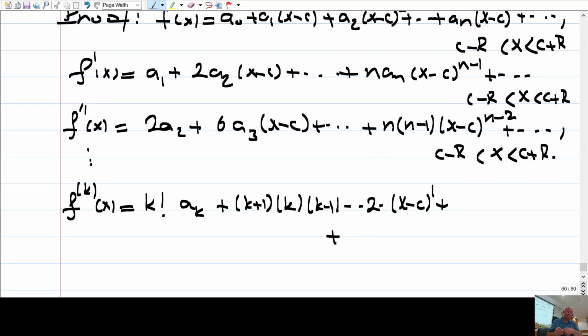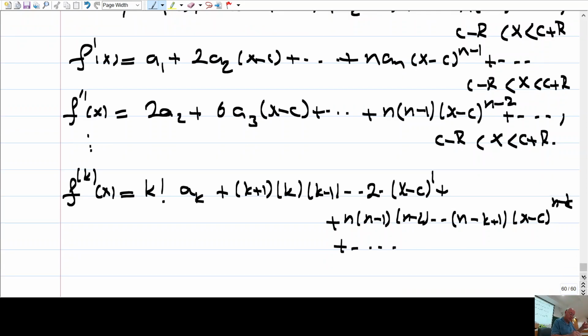You take the derivative k times, so it will be n times n minus 1, n minus 2, and so on, down to n minus k plus 1, times x minus c to the power n minus k, plus and so on.